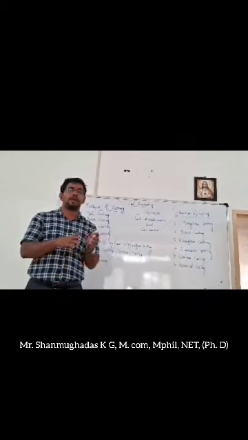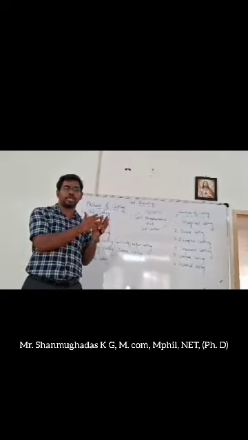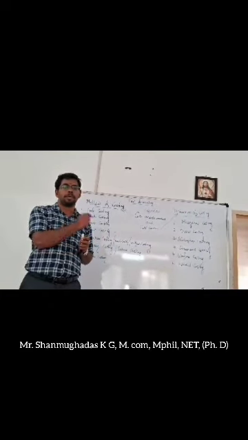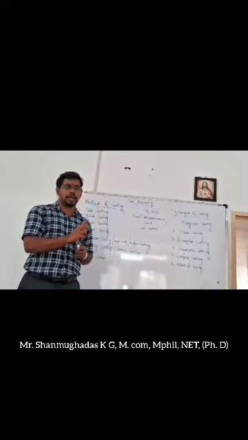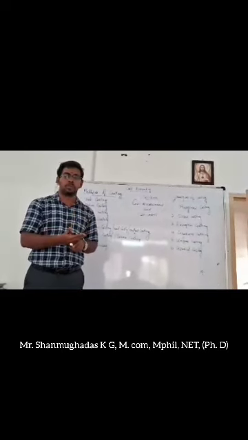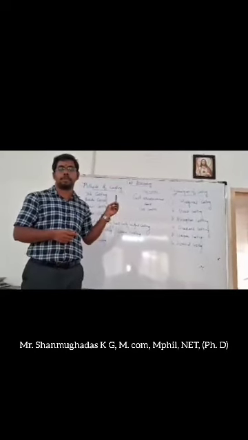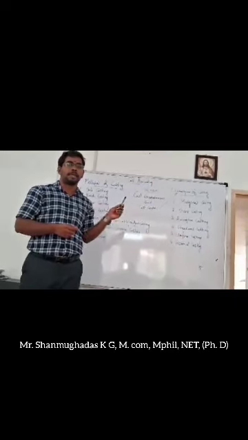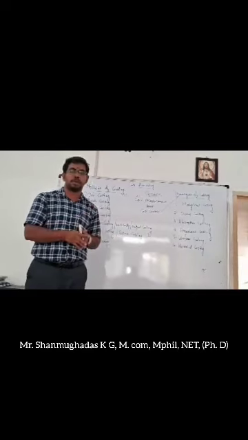A job cost sheet is prepared separately for each job, in which all the costs incurred for that particular job are entered. So for each job, a separate job cost sheet is to be prepared, and the total cost is calculated after completion of the particular job.